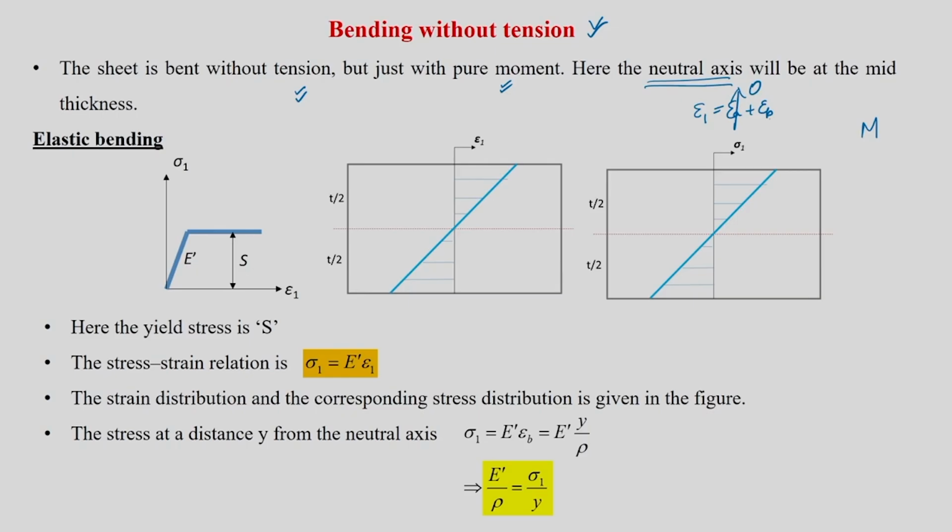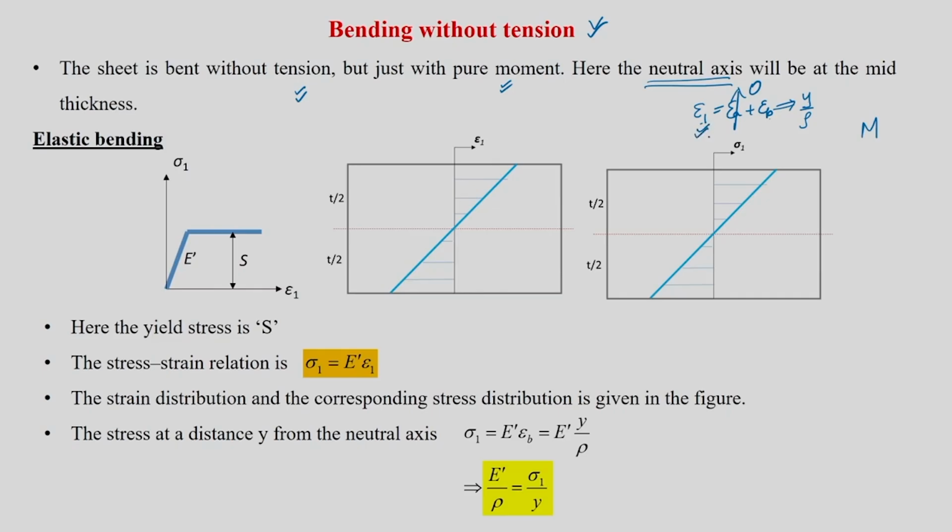When you put epsilon B as y by rho and set y equal to 0, epsilon 1 will also become 0, which means the strain at the mid location is nothing but 0. So, that is what we are going to have for this strain distribution.